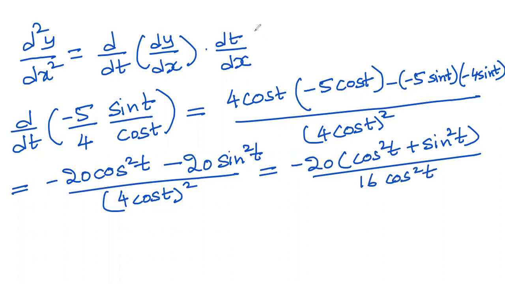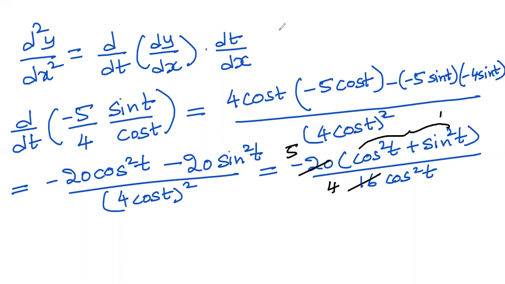So this will be divisible by 4, 4 times 5 and 4 times 4. But cos squared plus sine squared is 1. So this is going to give us 1.